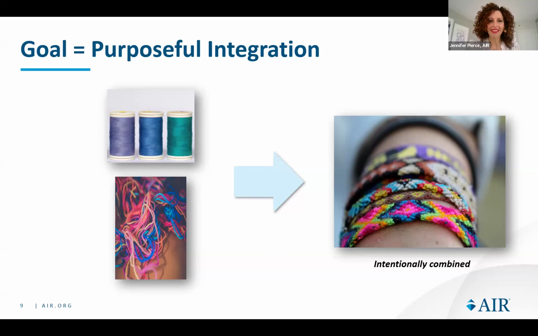But quite frankly, it's kind of a hot mess. And so the idea with integrated tiered systems of support is where you bring those two sides, the academic side and the social, emotional, behavioral side, together in a strategic, purposeful way, where we are combining those systems of support to better meet the comprehensive needs of all students.